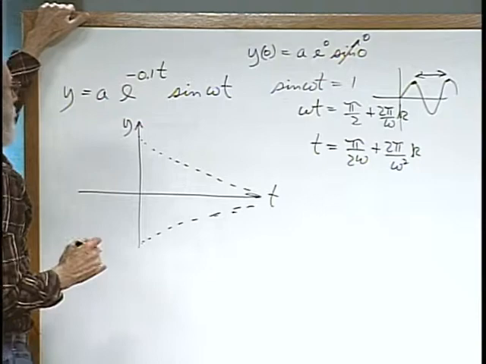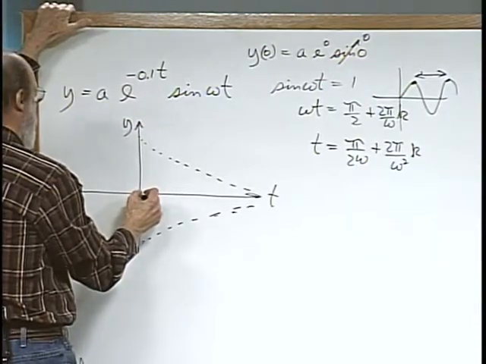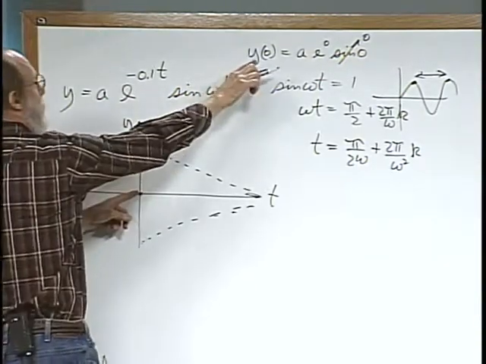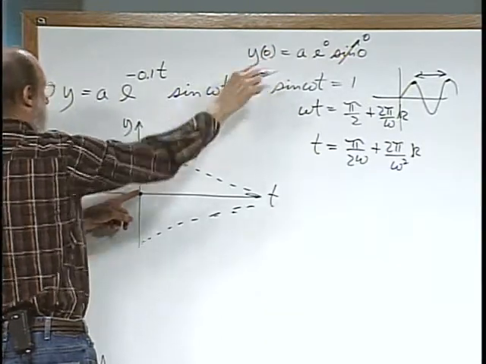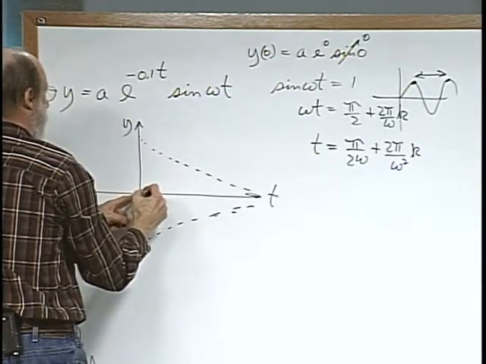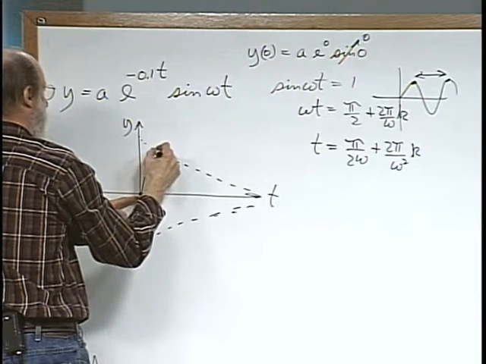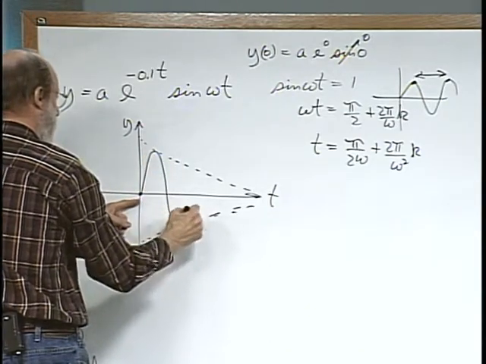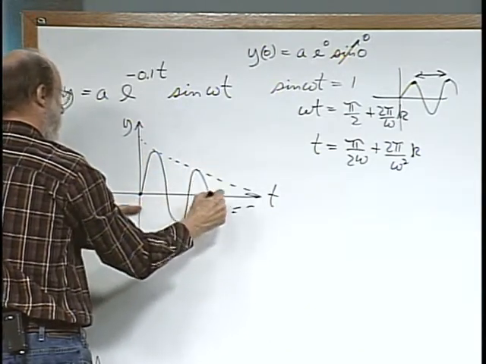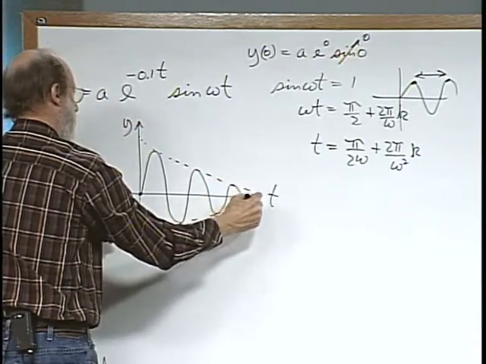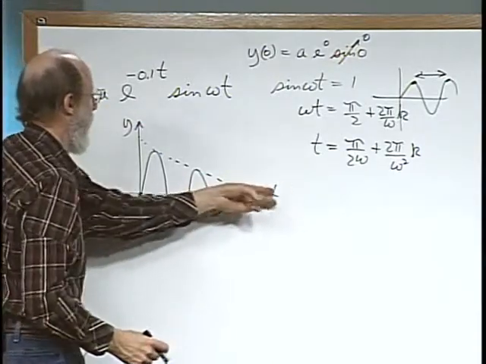Now this sine wave has its initial value of 0 here, and then it is going to oscillate with the same period as we described previously, and it's going to continue damping down like this.